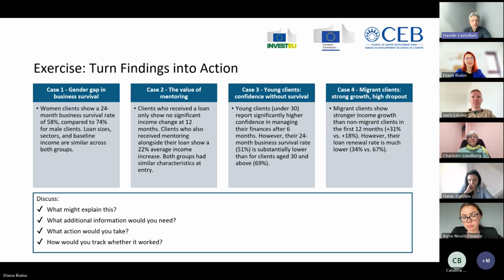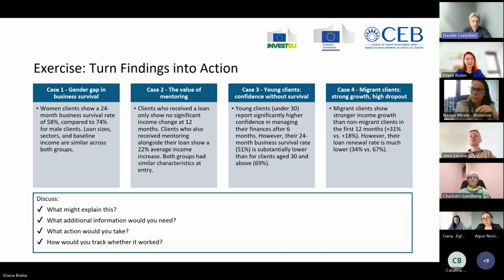Okay. Thank you very much, Catalina. So let's say the cases were concise, by purpose. It was our actual intention to keep them as concise as possible, to see that you can observe some differences, but you need much more information to understand what's going on, right?